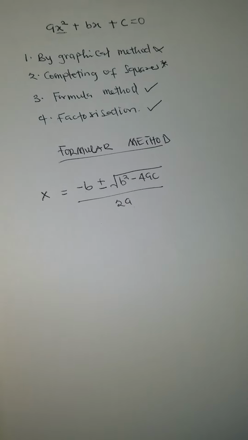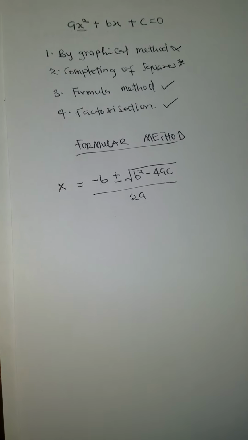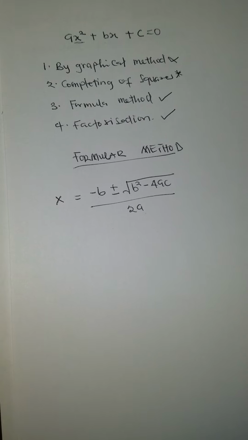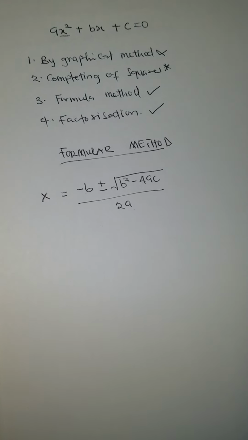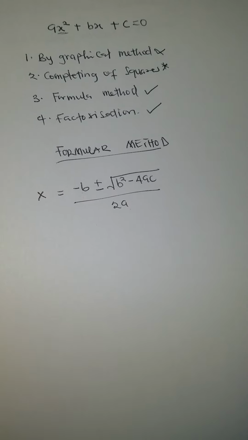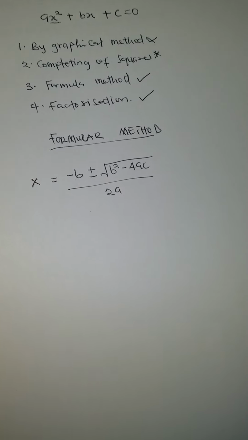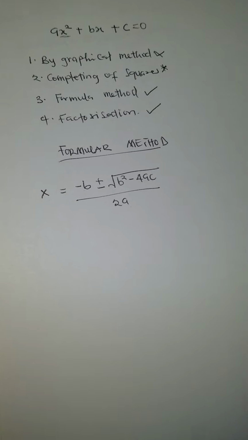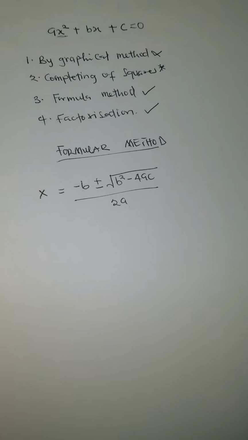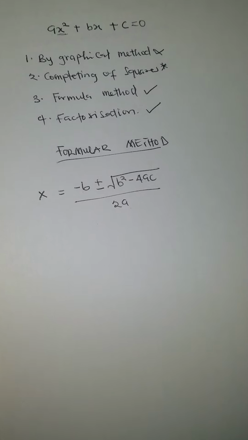Some choose to call it the Almighty formula. It can solve every equation, but it is very good to use it where there are no factors. When you cannot factor, then you use the quadratic formula to solve it. In that way, you are good to go.